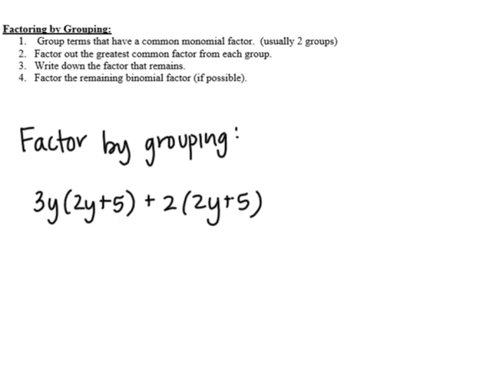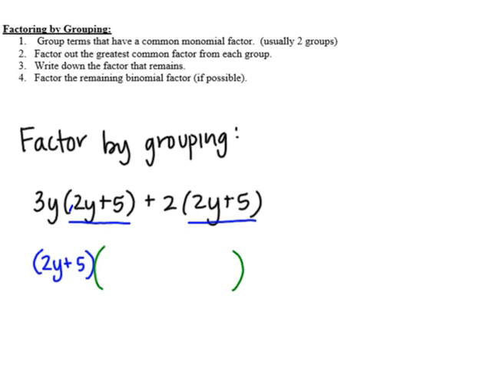We have 3y times parentheses 2y plus 5 plus 2 times parentheses 2y plus 5. What you'll notice about this problem is that they both have 2y plus 5's. So that means I can take a 2y plus 5 and write down that factor. That's the greatest common factor. So we can open our parentheses and see what's left behind.